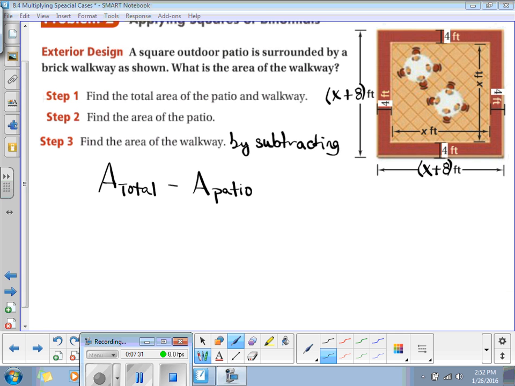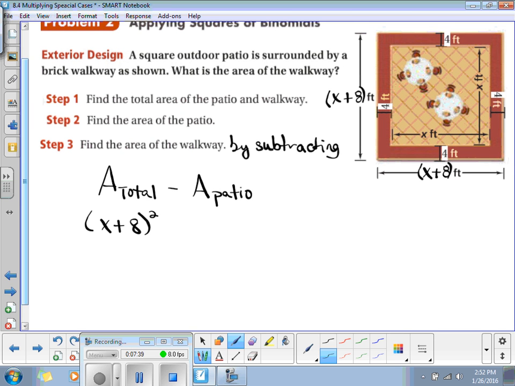So to find the total area, we've got x plus 8 quantity squared, because that's x plus 8 times x plus 8, right? And we have for the patio, x times x, which is x squared. All right, good.